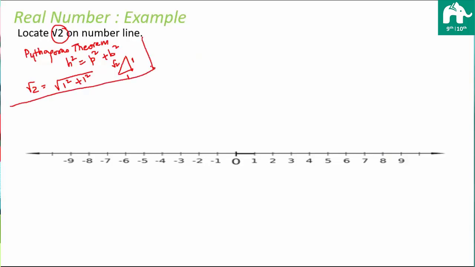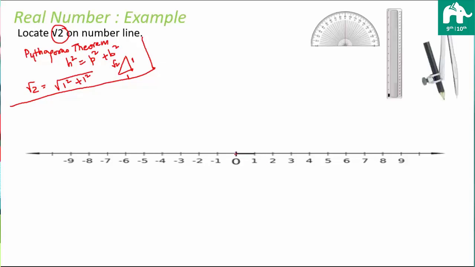Now let's try to locate root over 2, using the logic that I told you just now. So where is 1 unit? From 0 to 1. We will need a ruler, a protractor and a compass along with obviously a pencil. So this is 0, this is 1. So 0 to 1 is 1 unit. Let us make this the base of this triangle, right?